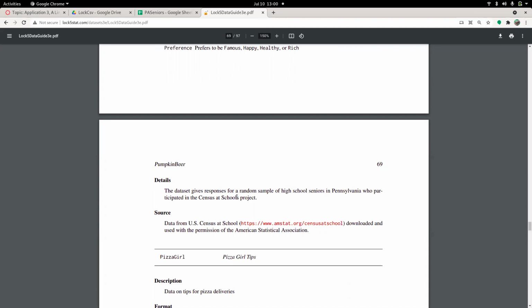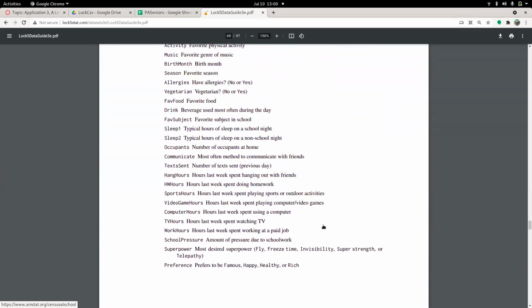Or it could be that the Census Bureau reached out to high schools and asked certain high schools to do this with them. So if we wanted more information about how the sample came about, we could go over to the Census Bureau website here, amstat.org, and read more about it. So sometimes we do need to do that.